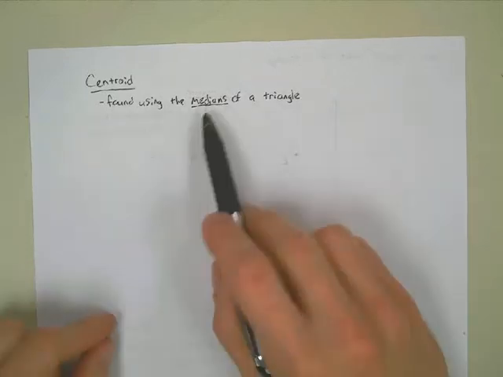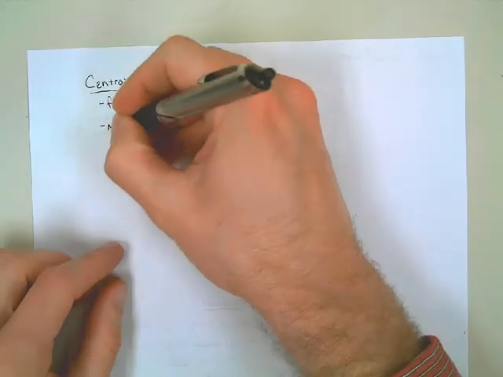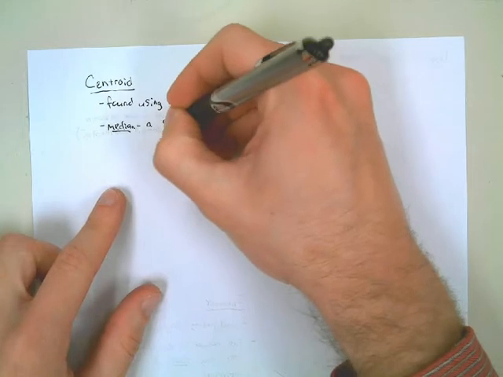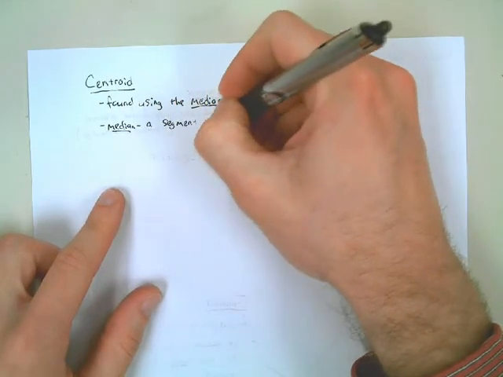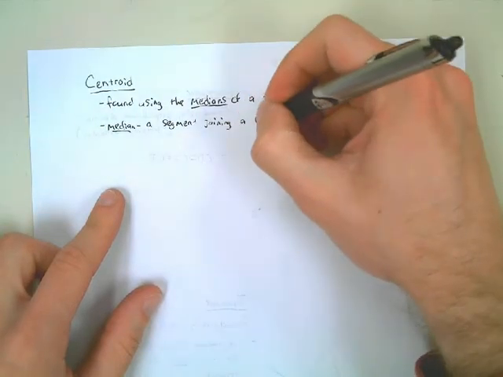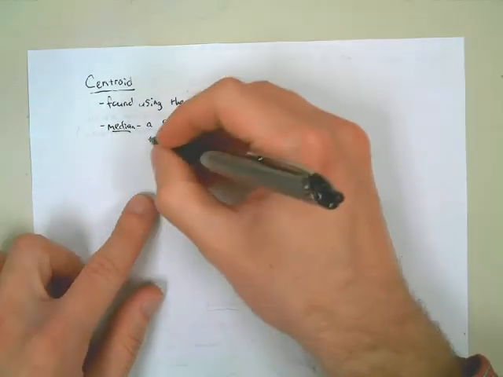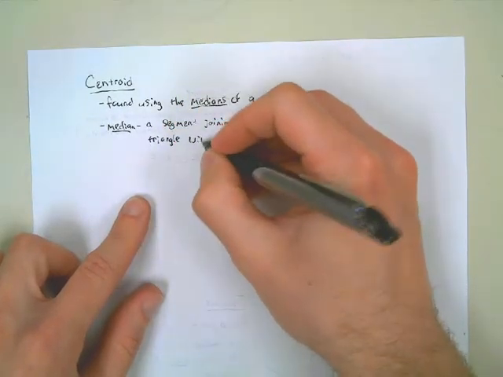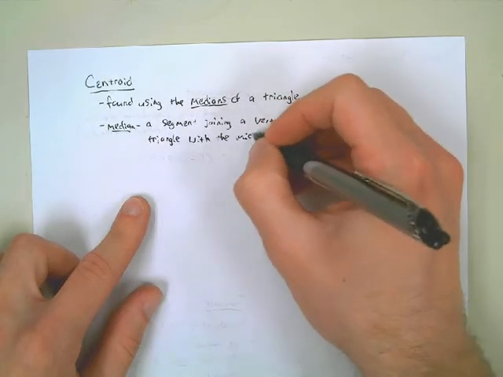Well, the median of a triangle is a segment joining a vertex of a triangle with the midpoint. There's that middle idea, okay?